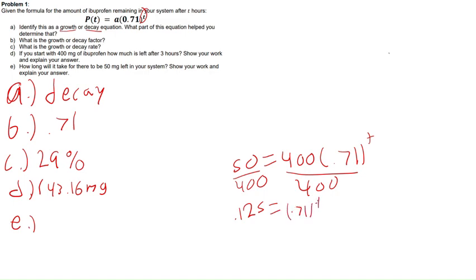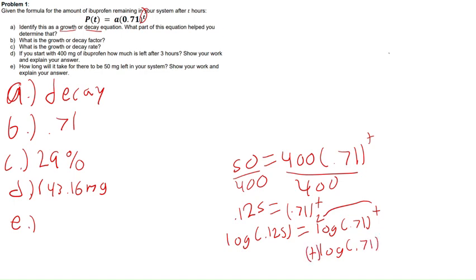0.71 to the t. Now to solve for t and get it down from the exponent position, we can log both sides. Now that we've logged that, we can move the t here. Let's put parentheses around it so we know it's its own thing.